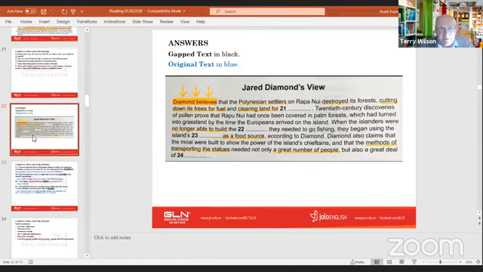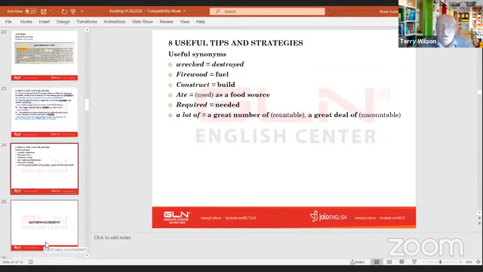And if we just look back, you see, 21 farming, 22 canoes, 23 birds, and 24 wood. And as I mentioned before, the use of synonyms is important. And there are the synonyms from the text.